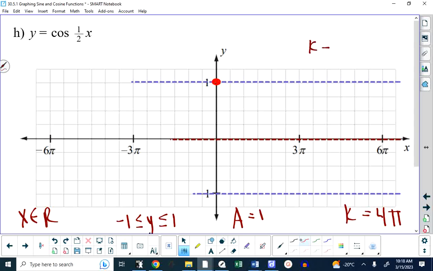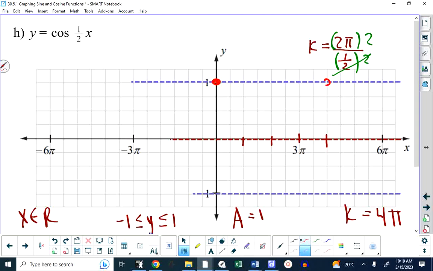The period is 2 pi over b, which is a half. Multiply top and the bottom of that by 2. This cancels and you're left with 4 pi. If you wanted to sketch this, where's 4 pi? That's 1 pi, 2 pi, 3 pi, 4 pi.